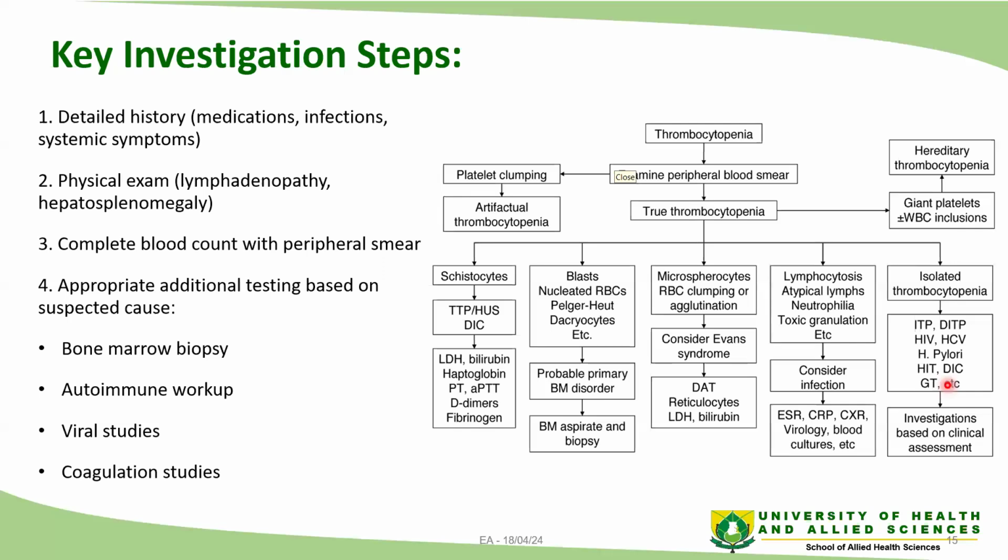You can also suspect HIV, hepatitis C, H. pylori, heparin-induced thrombocytopenia, DIC, as in disseminated intravascular coagulation, as well as any intestinal causes. And then you would further carry out investigations based on other clinical assessments to confirm what is causing the isolated thrombocytopenia.